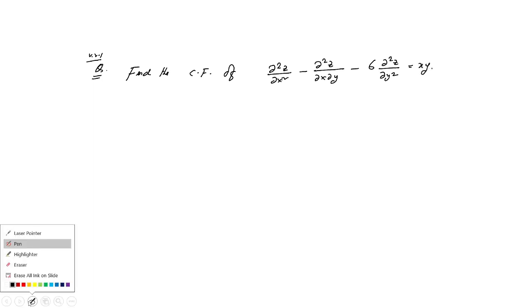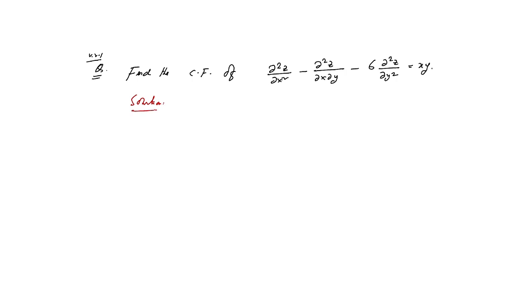So here the question is basically complementary function. So here the solution: the trick is you will replace del x by m, and del y by 1. Then you will get the auxiliary equation.